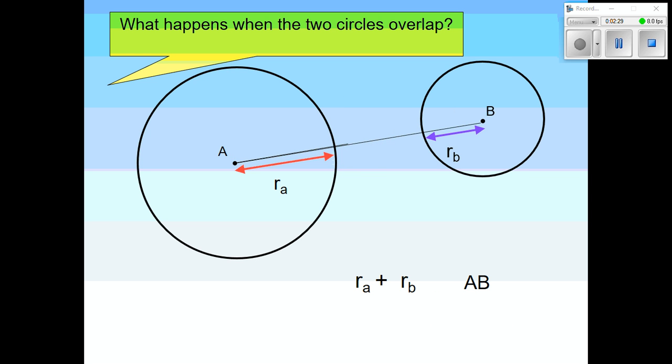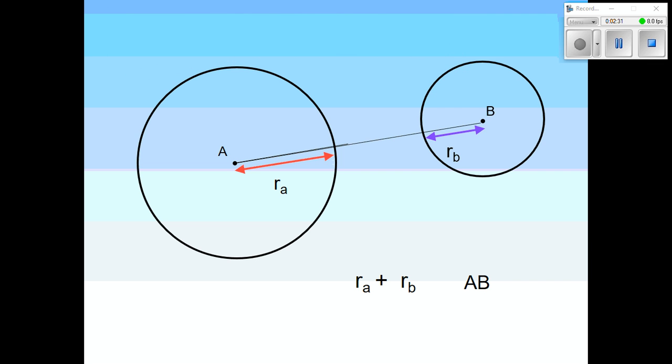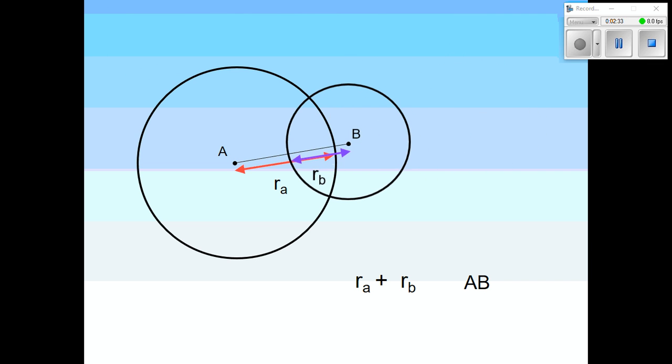If we go even further and we overlap them, then the two radii, adding them together, are going to give you a bigger distance than what you cover between A and B, because you can separate the radii out and move them apart.